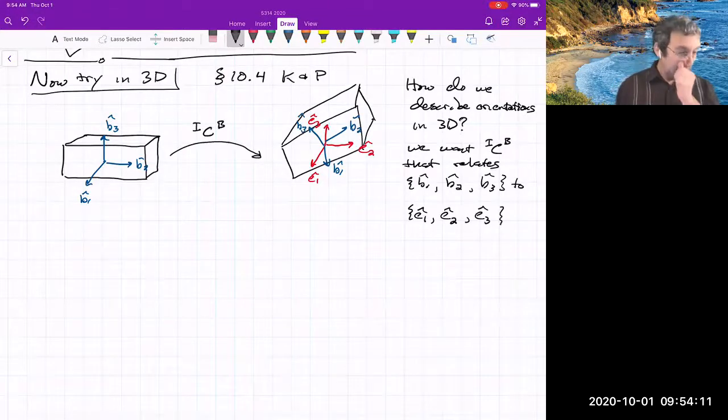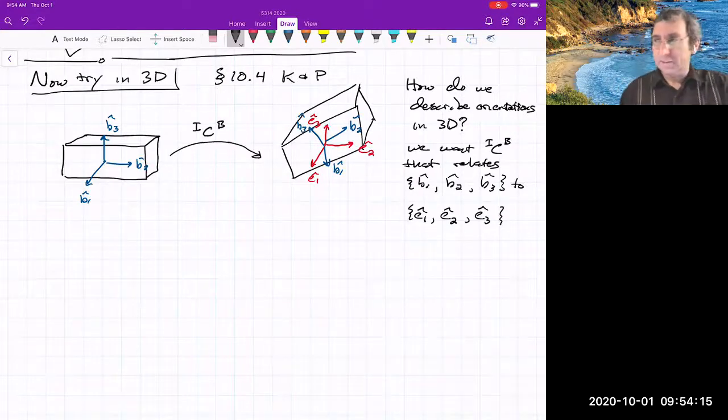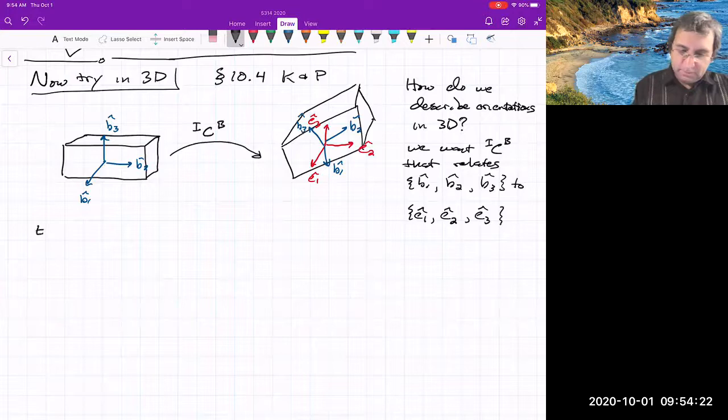And we can do that. There's multiple ways, but we will use here Euler angles.